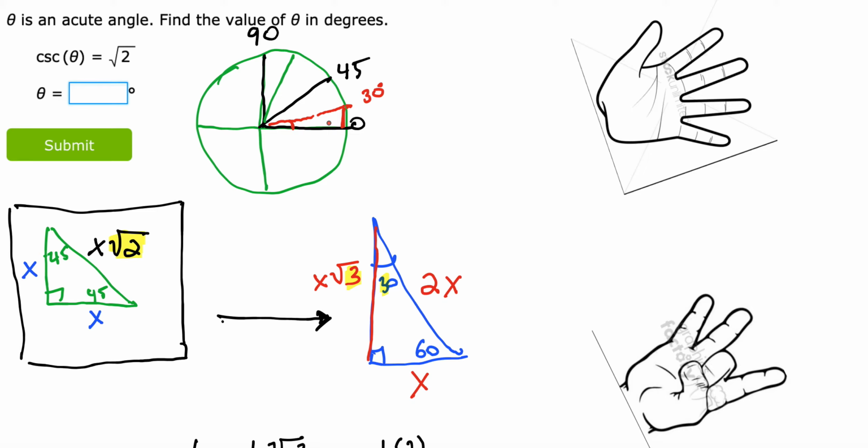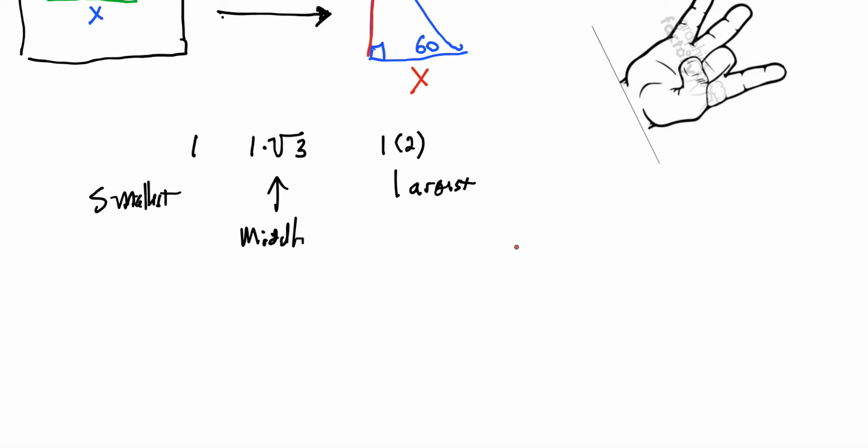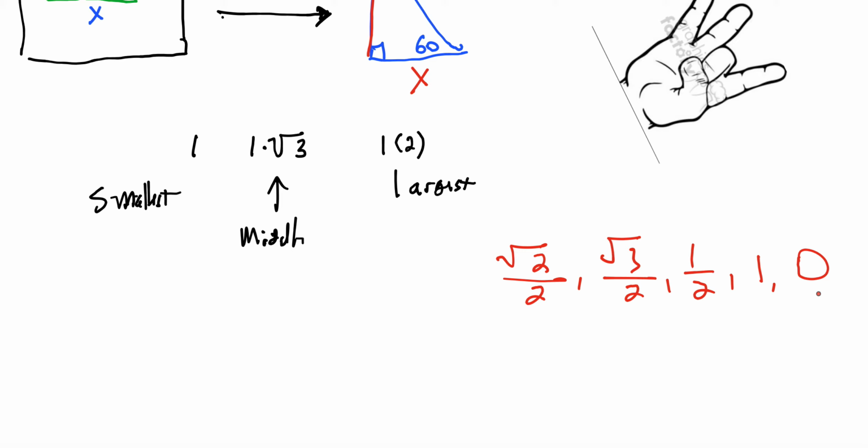Now, the important numbers you have to know, and you can kind of help to memorize them, are root 2 over 2 and root 3 over 2, 1/2, 1, and 0. Those are the popular ones.